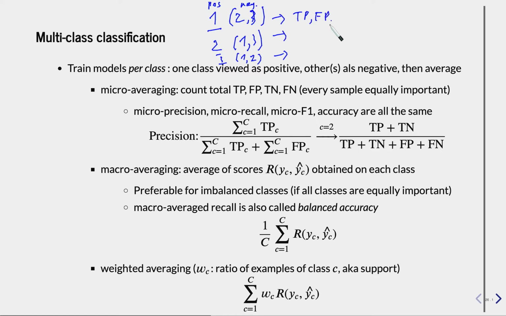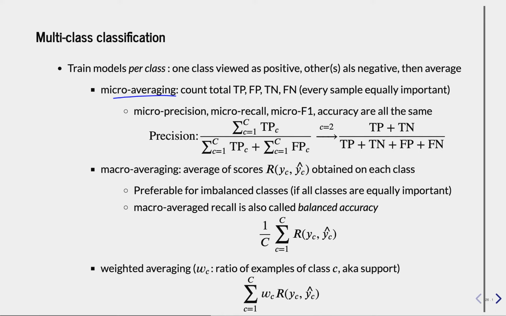We have 3 different confusion matrices basically, and from that we can then average these out. And there are different ways of doing that. So the first and most common, but probably least useful, is microaveraging. This simply counts the total amount of true positives, false negatives, and so on, and then computes the metrics as usual.